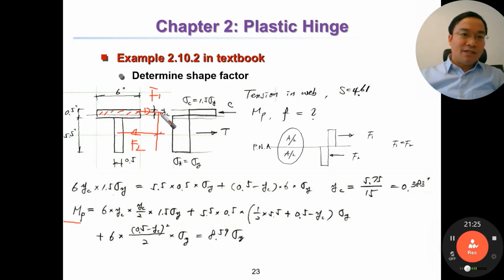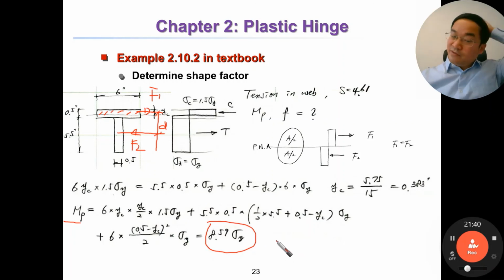Then this is the distance D. Okay, the distance D. Okay, you can divide by different part. Finally, you can calculate Mp equal to this one. Very simple. You can divide different way and then calculate this.